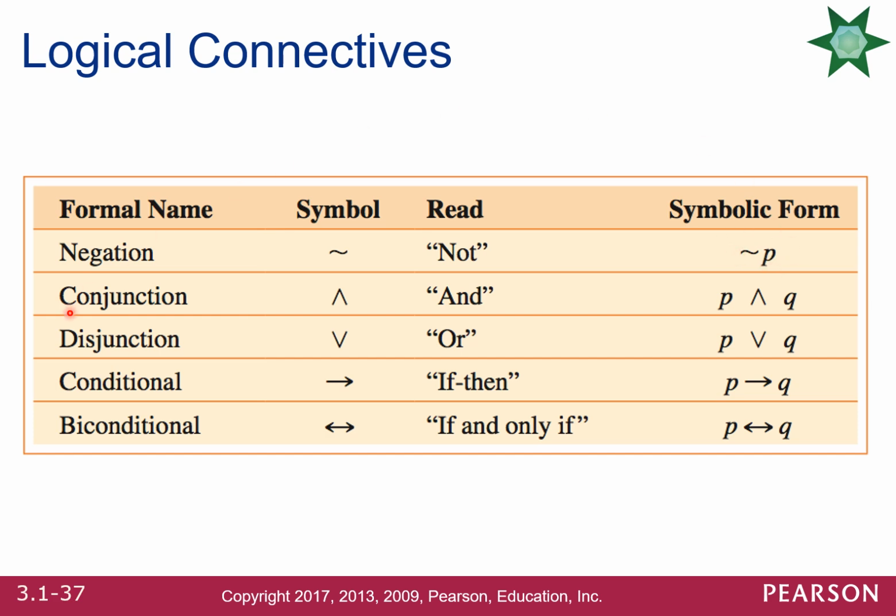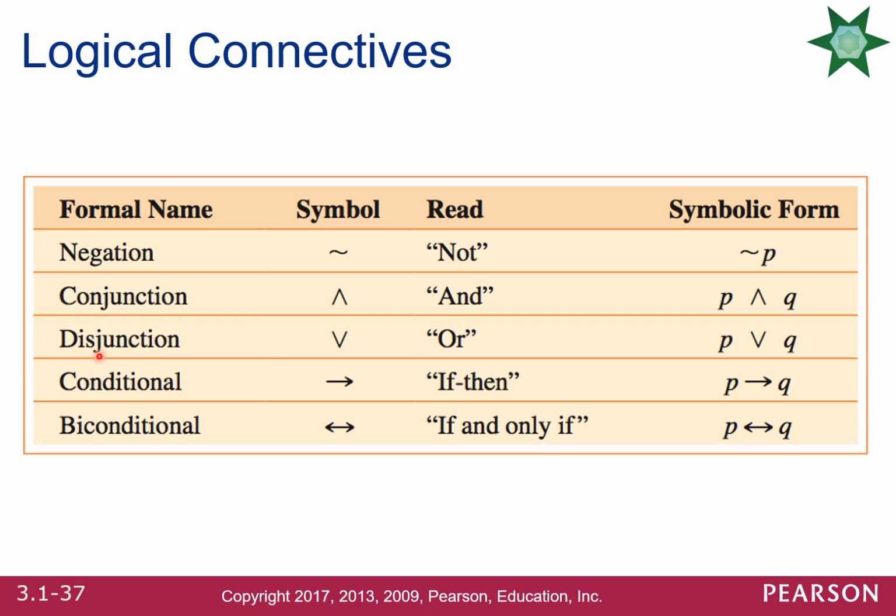All right. Then we have the conjunction, which implies an and statement. So the symbol for that is the downturned V, and we write it as P and then and Q, where P and Q are two separate statements.